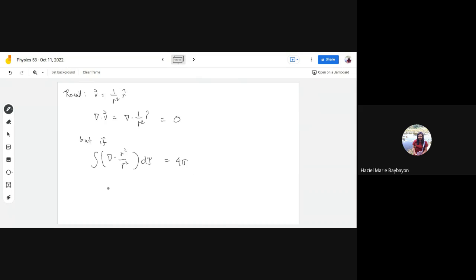So, these are the defining conditions for the Dirac delta function. Okay, so we can rewrite this. In other books, class, this is called the solid angle.